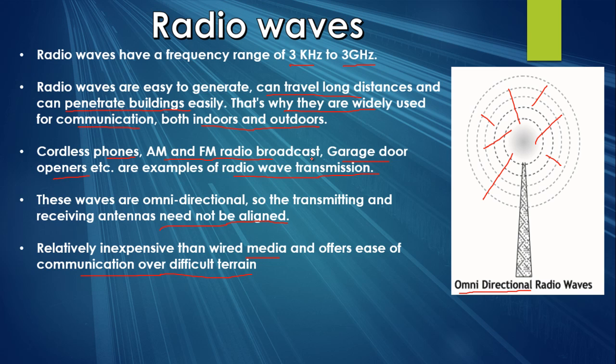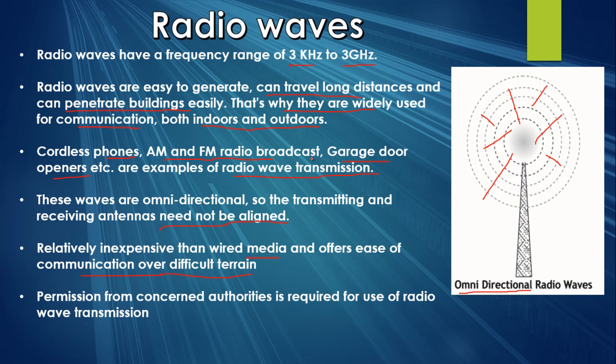So how can they set up the network between all the offices? Obviously they will use radio waves, because they can penetrate any object which comes in the line, right? And also these are omnidirectional, so we don't have to align the antennas with each other. So for setting up a network in a hilly area, radio wave communication is the best one, right?